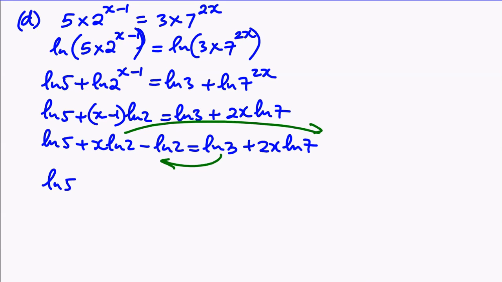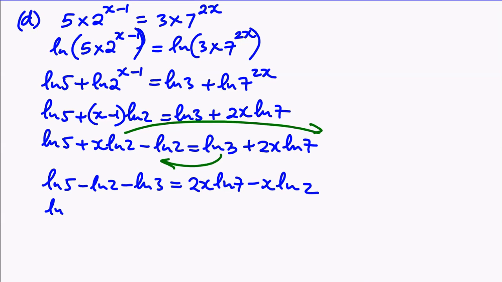So we'll have ln 5 minus ln 2 minus ln 3 will be equal to 2x ln 7 minus x ln 2, which means that ln 5 minus ln 2 minus ln 3 is x into 2 ln 7 minus ln 2.